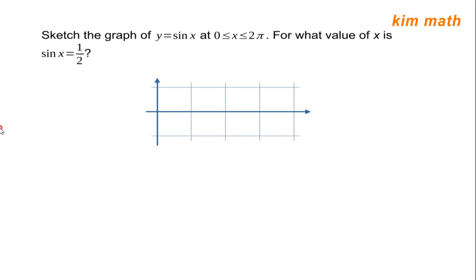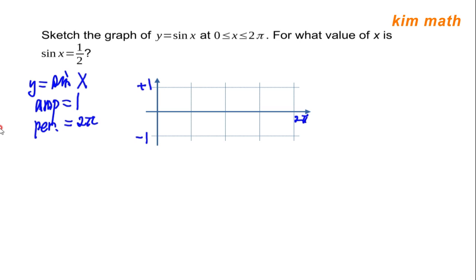Okay, here from y equals sine of x, please note that amplitude is 1 and period is 2 pi over 1, which is 2 pi. So first, please label: this is 1, then this is -1, and this is 2 pi, or 360 degrees.